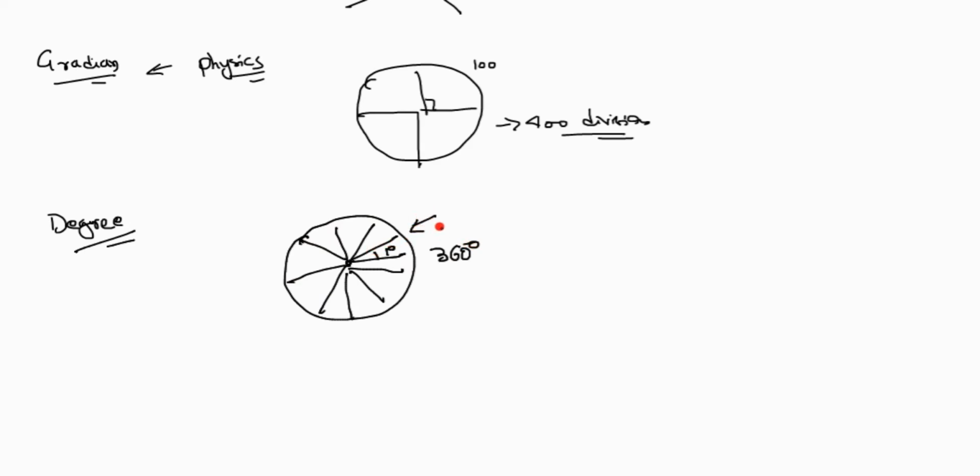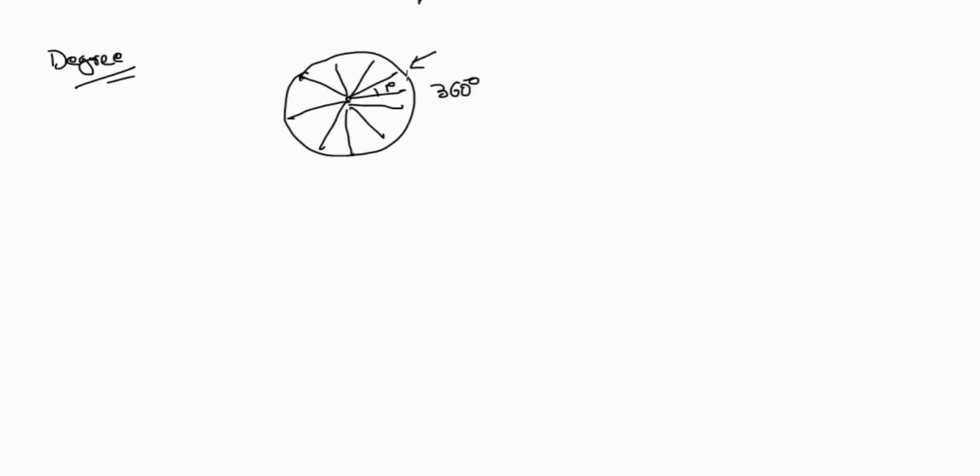That is the concept of degree, but no one knows the accurate reason why the mathematicians or people divided one complete circle or one complete revolution into 360 divisions. And the third is radian.